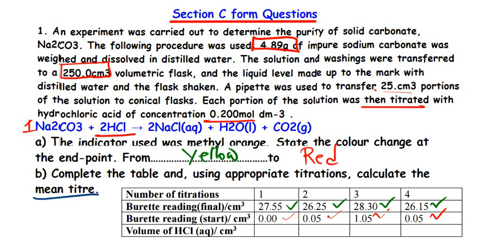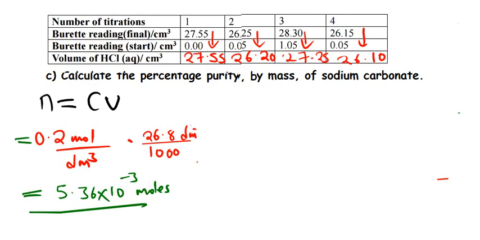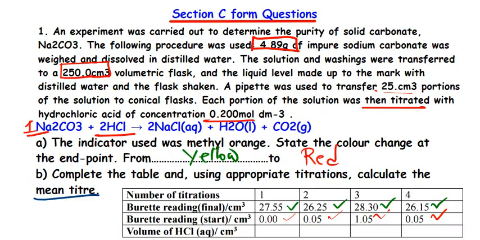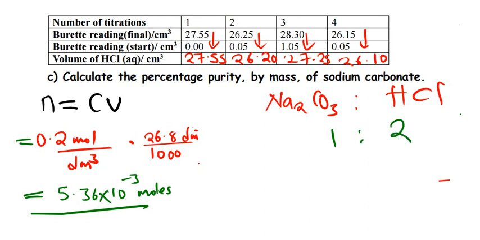So the sodium carbonate against the HCl, these are in the ratio of 1 to 2. So we've determined the number of moles that were required by 25 cubic centimeters of sodium carbonate.